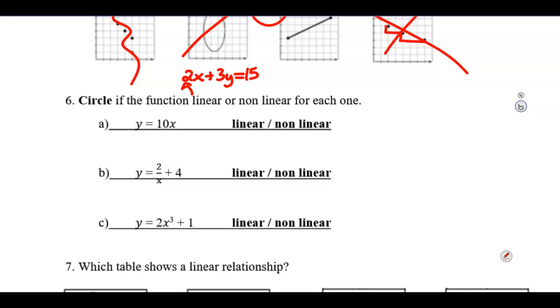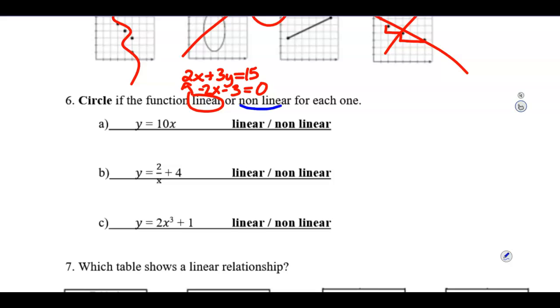Or it has to be in the form of y equals mx plus b. So you might have something like y equals -2x minus 3. Again, that's going to be in slope-intercept form. Those are the only 2 ways we can see linear when we look at an equation for right now.